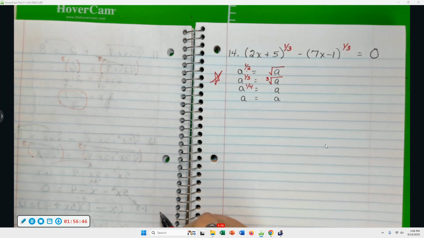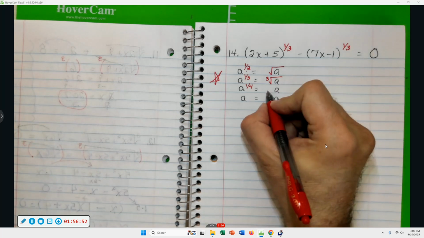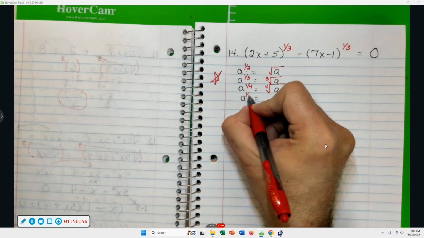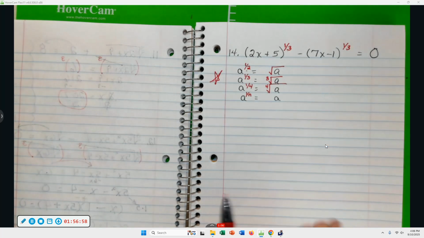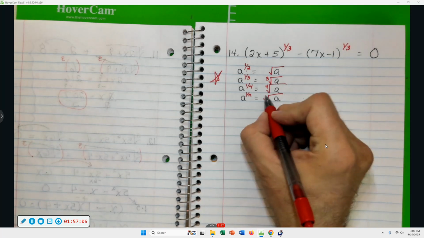A 1/4 exponent is the same thing as what type of radical? A 4th root. And in general, if you have a 1 over n exponent, so if you had a 1 over 10 exponent, or a 1 over 20, that would be the nth root.